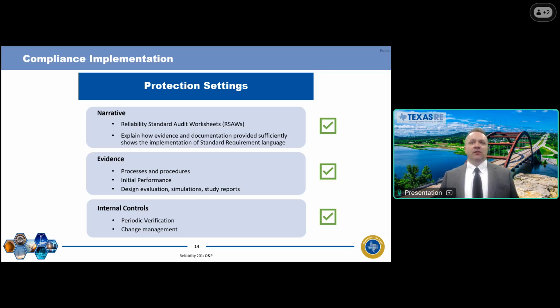And if you're using a performance-based interval, you want to ensure that you are maintaining technical justification around your intervals for your performance-based equipment. One more element to consider is monitored versus unmonitored. And these are all laid out in your protection system maintenance program tables that come out of the standard requirement.